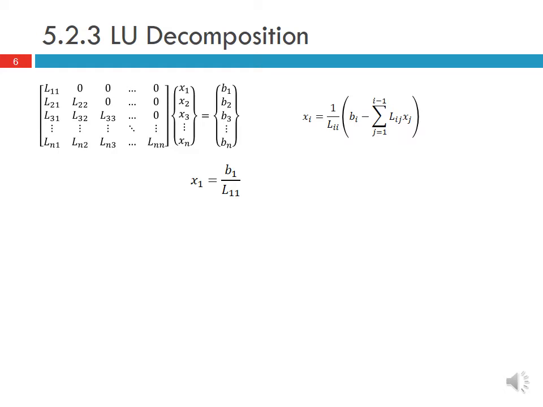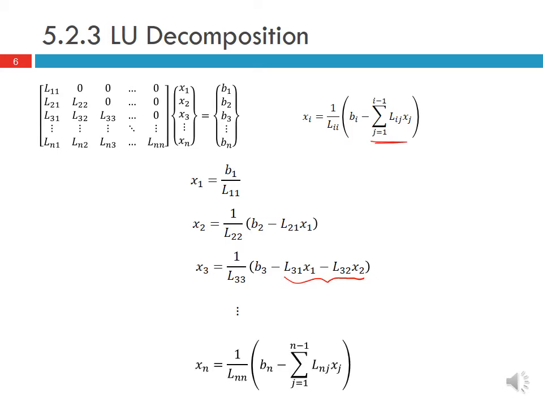So x1 is equal to b1 over l11, and then x2 is equal to 1 over l22 times b2 minus l21 x1, and then x3 is equal to 1 over l33 times b3 minus l31 x1 minus l32 x2, where this part here is becoming this sum.